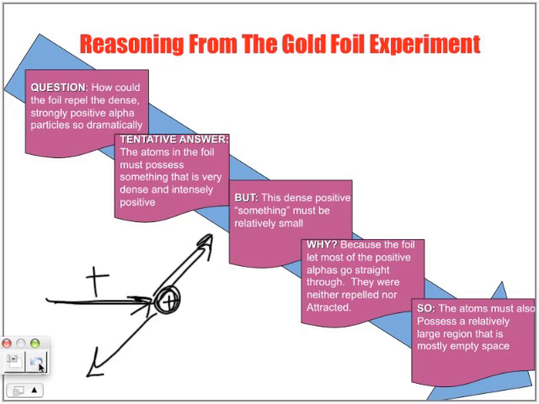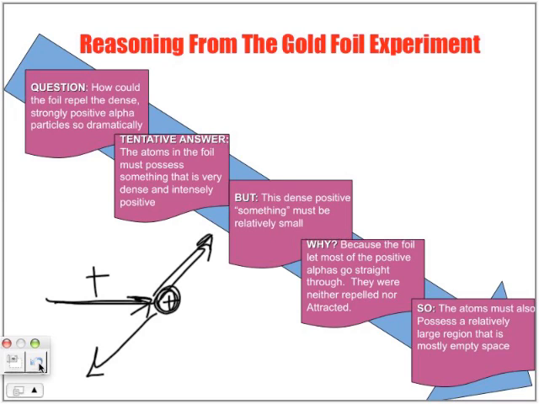Why? Because the foil let most of the positive alpha particles go straight through it. Most of them actually went through. They were neither repelled nor attracted. So what did we discover?